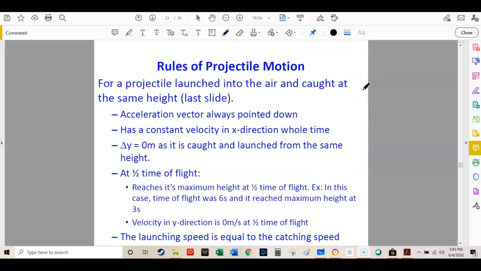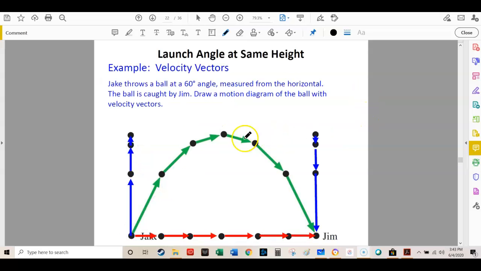So there are some deductions that we can make about this. The acceleration vector is always going to be pointed down. If you're slowing down as you're moving upwards, that means gravity is acting on you at each point in time, and that again is 9.8 meters per second squared downwards.